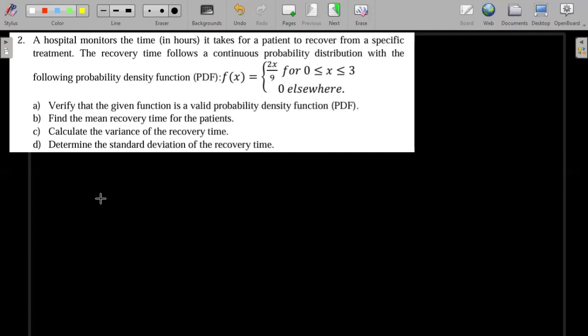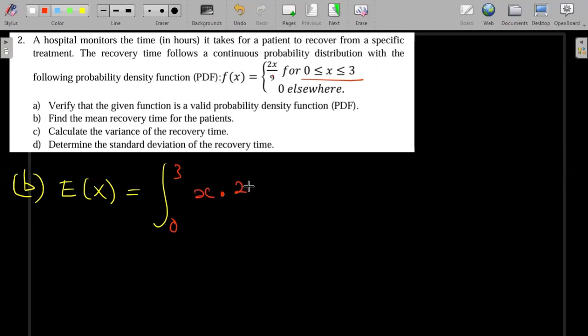Okay, so now let's look at B, where we're finding the mean. They're saying find the mean recovery time for the patient. So the mean is the same as the expected value or the average. So the expected value of x, which is the same as the mean, is equal to the integral over the interval you've been given, which is 0 to 3, of x multiplied by the function.